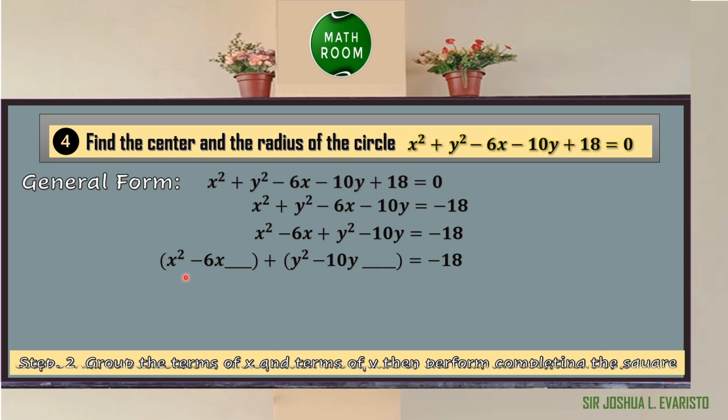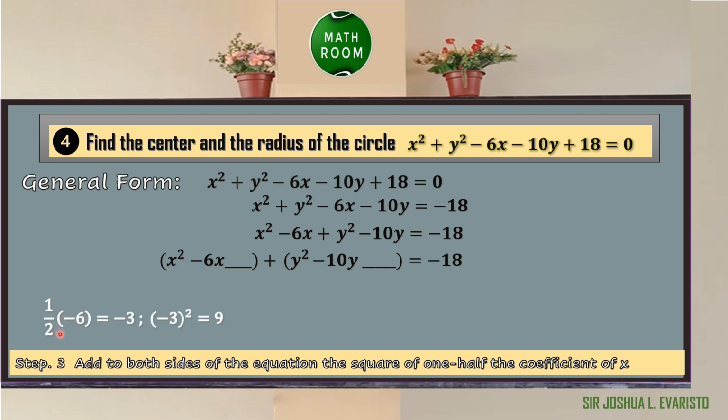To do that, we will add to both sides of the equation the square of 1/2 the coefficient of x. The coefficient of x is negative 6, so 1/2 of negative 6 is negative 3. Negative 3 squared is 9. We will add 9 on the left side and on the right side of the equation.